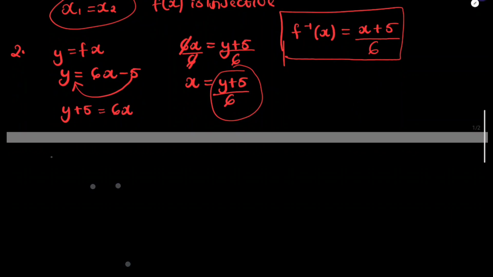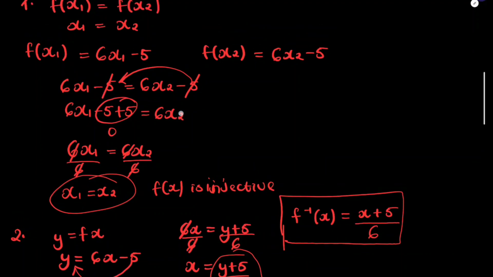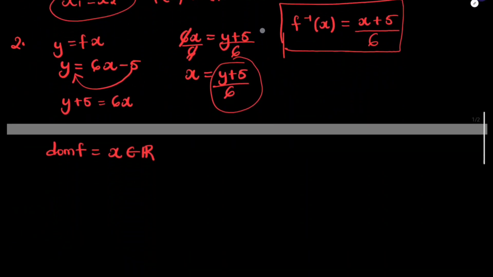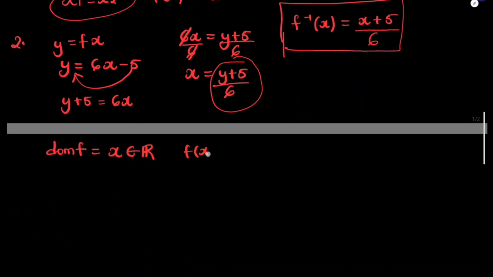So the domain of f is simply x, an element of real numbers, because the denominator is 1 and 1 is a real number. So we will just say that the domain of f is x, an element of real numbers.